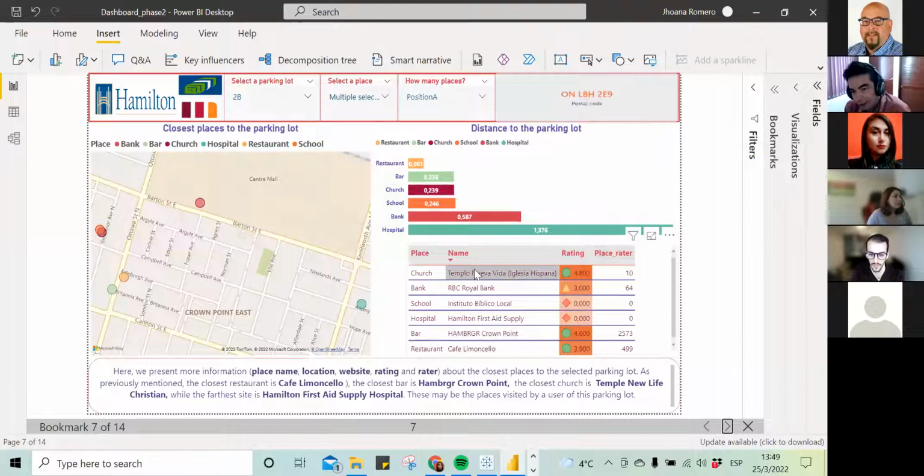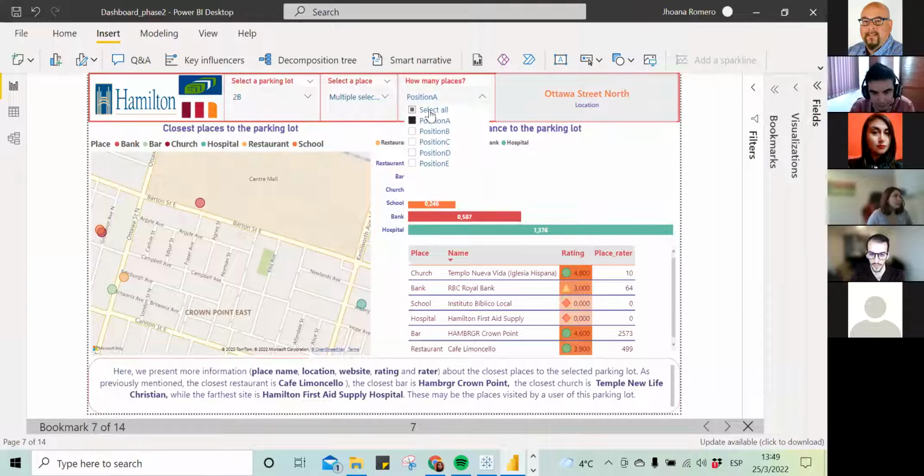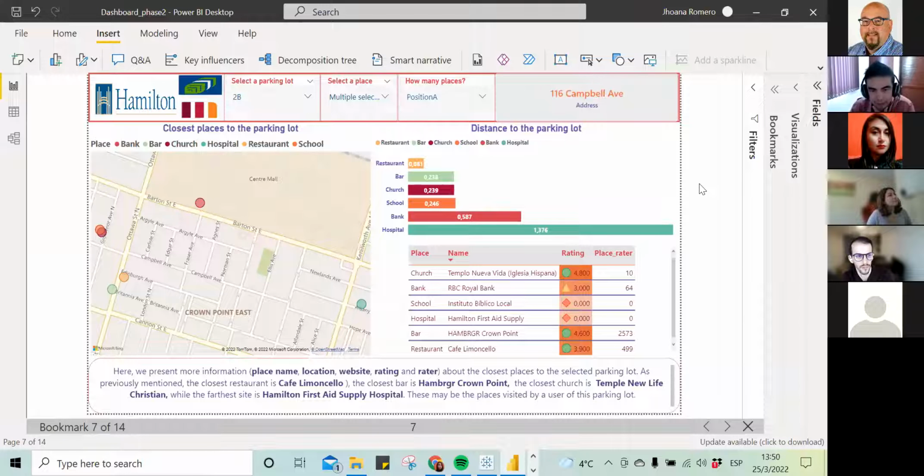We got the names of those places, the ratings, and the number of raters. As you can see, all of this has been implemented in Power BI as a dashboard.